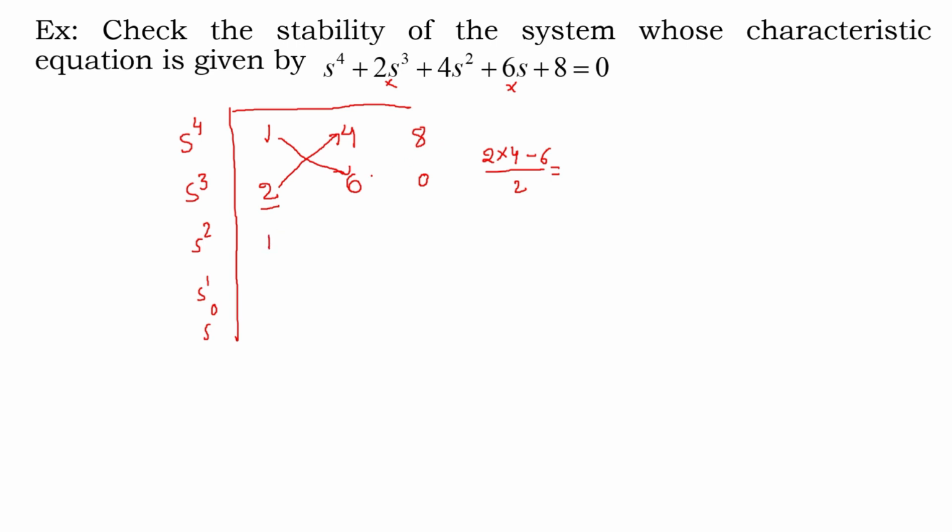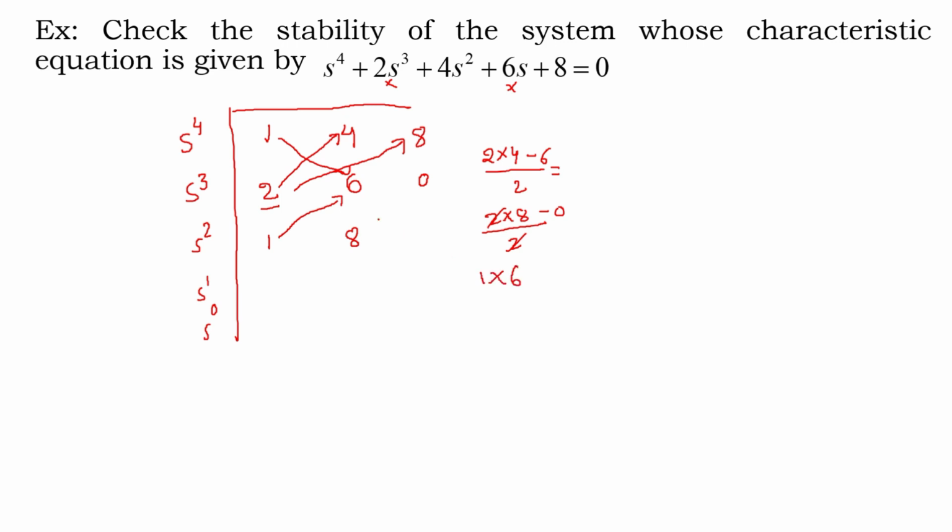Then the second term calculation is 2 into 8 minus 1 into 0 is 0, divided by 2. This 2 gets cancelled. Answer is 8.